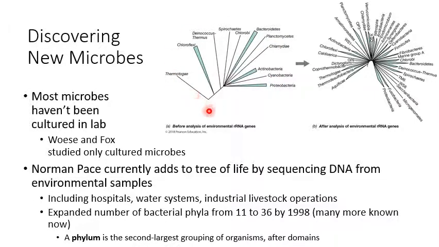Then when Norman Pace started adding in information that he got from his samples from the environment, he realized that there's many more phyla out there. Many more. So by 1998, he had expanded the number of phyla from 11 to 36, and now it's even bigger again. It just keeps going up as we find more bacteria. But there's so many of them. We'll probably never be done.